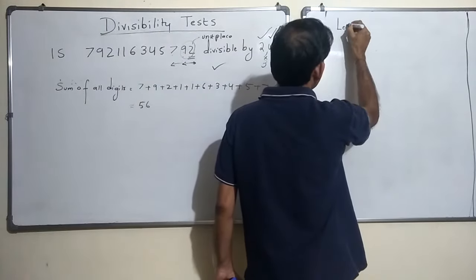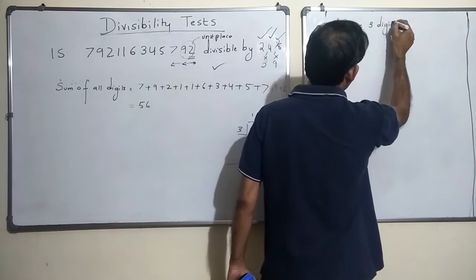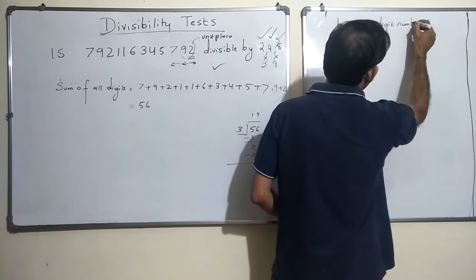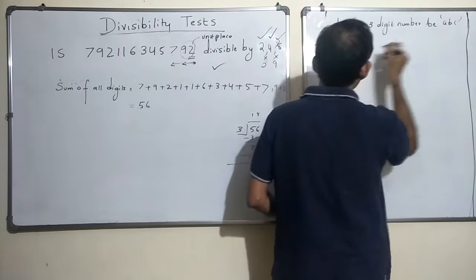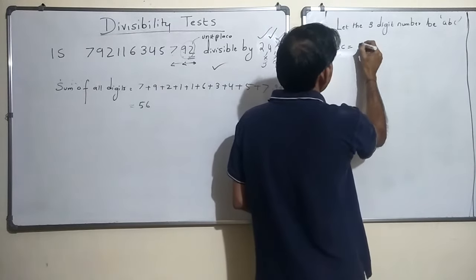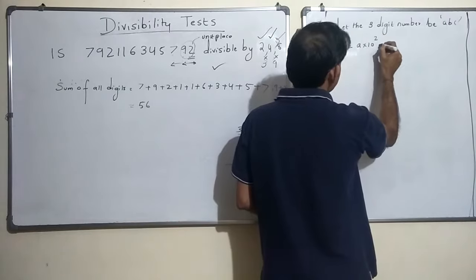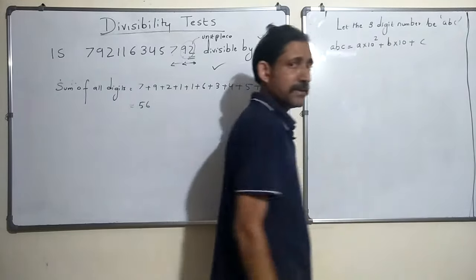Let the 3-digit number be ABC. Now ABC I am going to write in the expanded form as A into 10 square plus B into 10 plus C. Is that right?